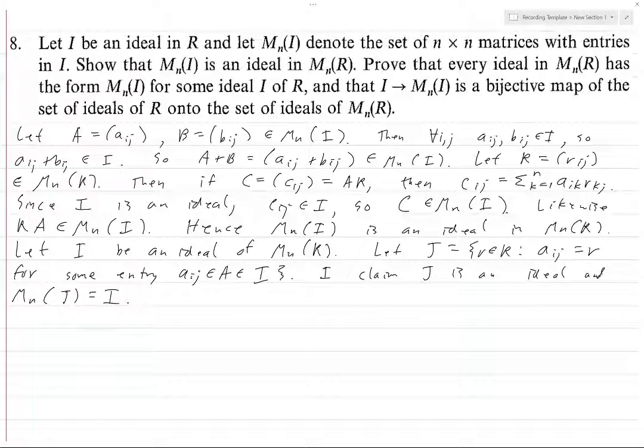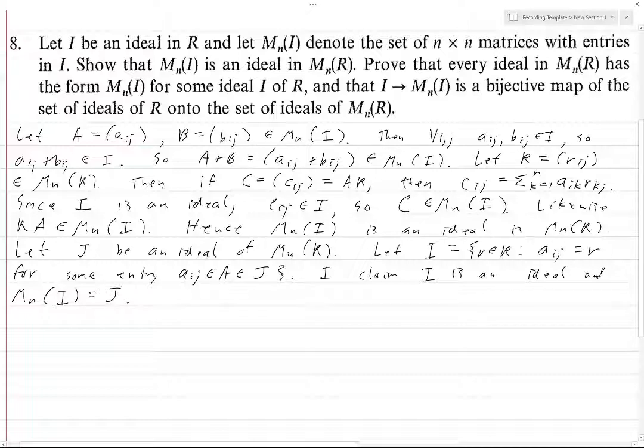No, we want it to have the form M_n(I) for some I in R. So we want: let J be an ideal. The names don't really matter, but just to make it easier for you guys, we're going to let I be this for some entry a_ij in J. I claim that I is an ideal and M_n(I) is equal to J.